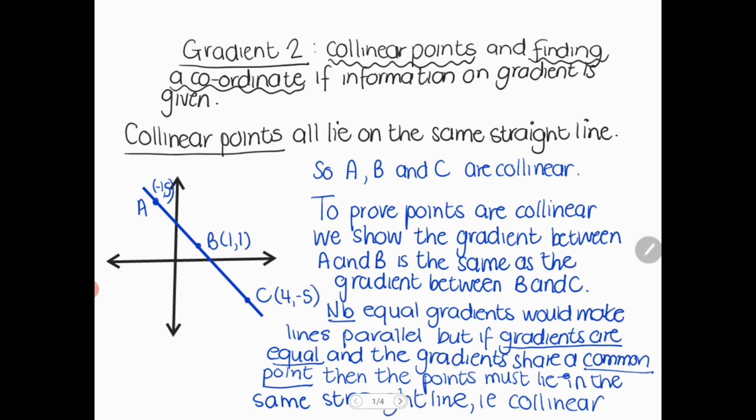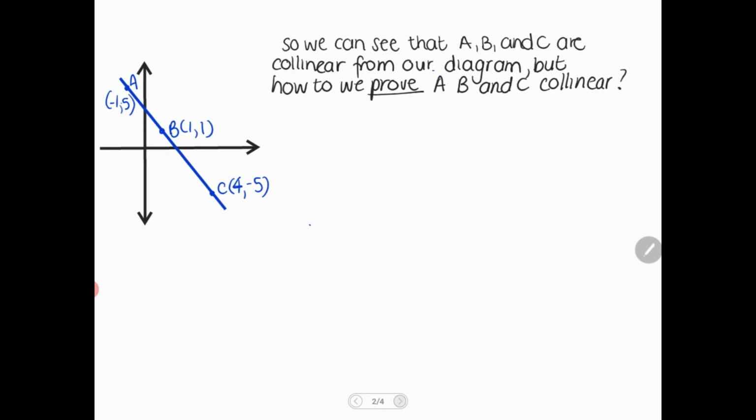But if the 3 points you're working with share one point in common, that common point joins your 2 gradients together, making it into a straight line. I'm not sure if that was very clear, so let me show you with an example.